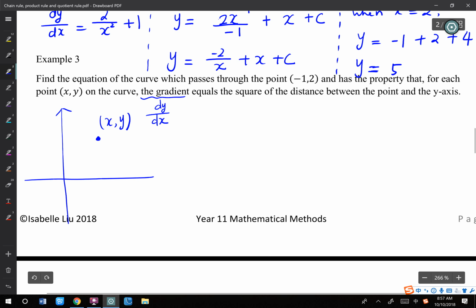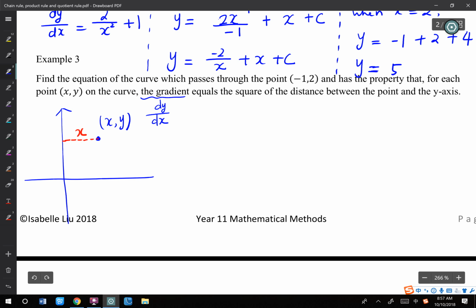The distance between this point and the y-axis is this line. Well, that's the distance between any point and the y-axis. How can I represent this length? x, right? That's just x. The x value is the distance from the y-axis.